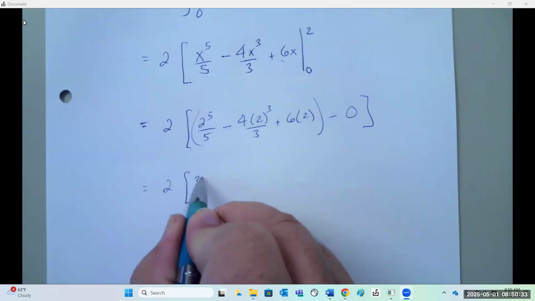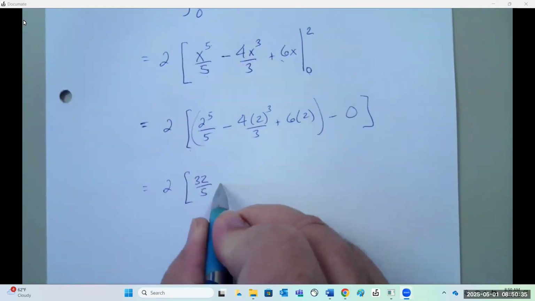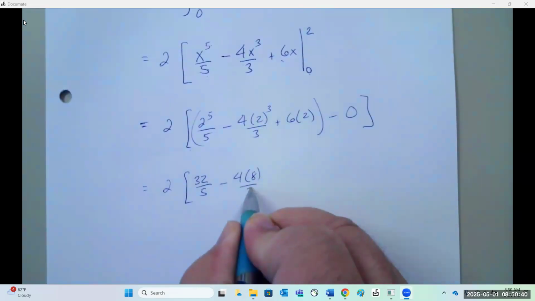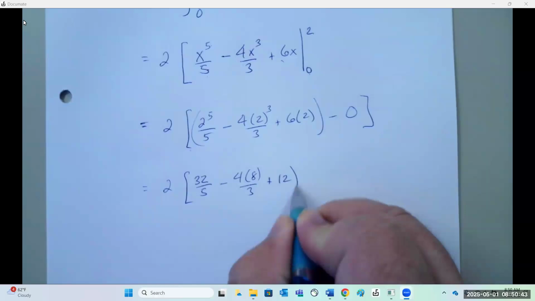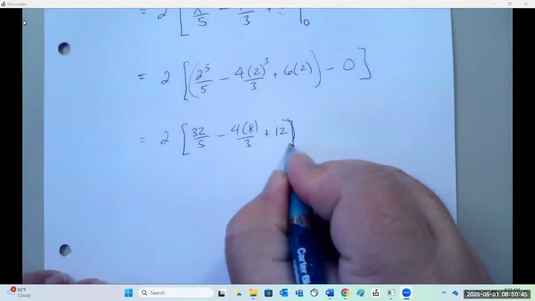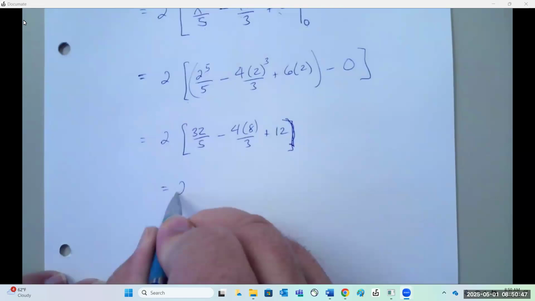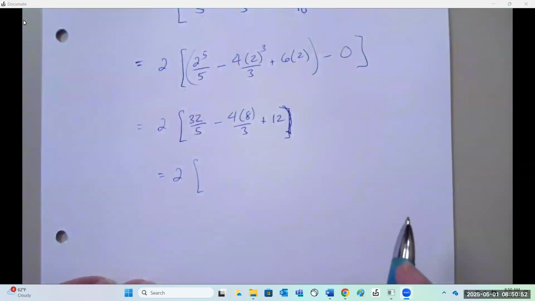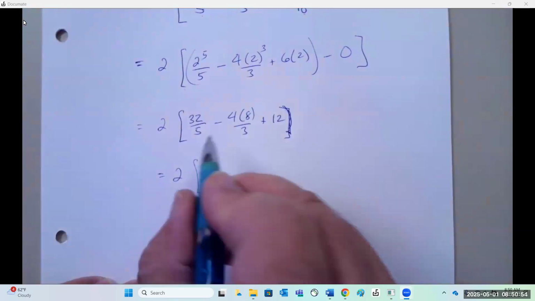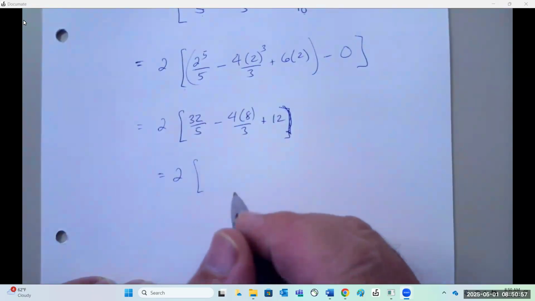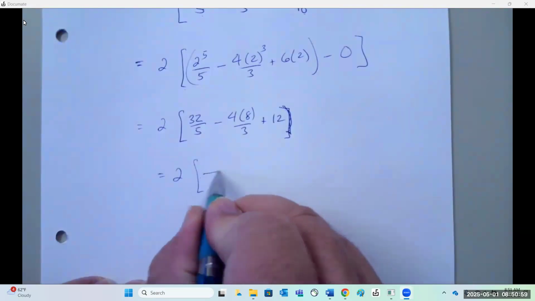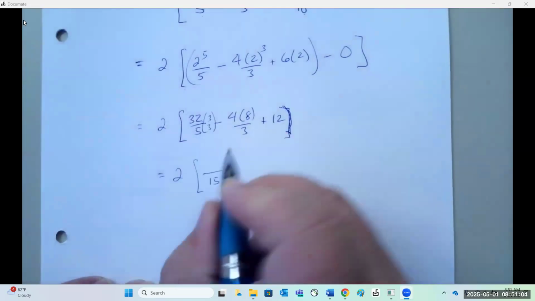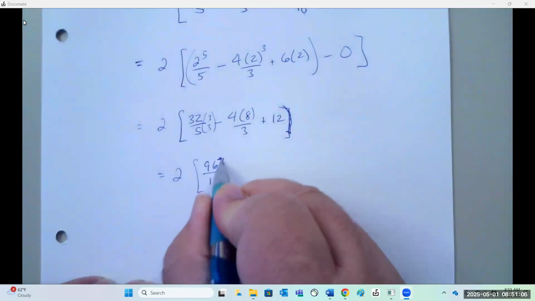Two to the fifth is 32 over 5. 2 to the third is 8 over 3, plus 12. The common denominator is going to be 15. So we multiply this one by 3 over 3, which is 96.